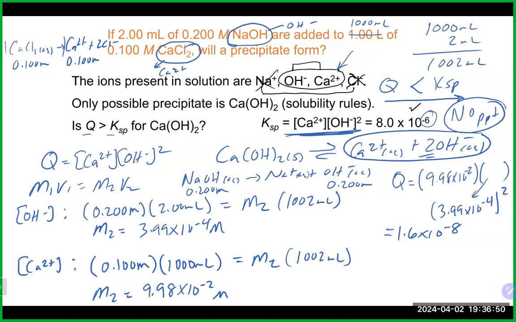So those are three really big factors that affect solubility: the concentration of the ions floating around, the pH of the solution, and any presence of common ions. All three of those things can have an effect on the solubility of any type of salt that you may come across. Any questions on any of that?